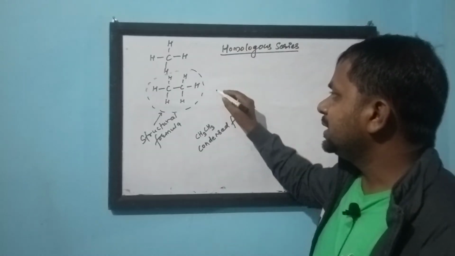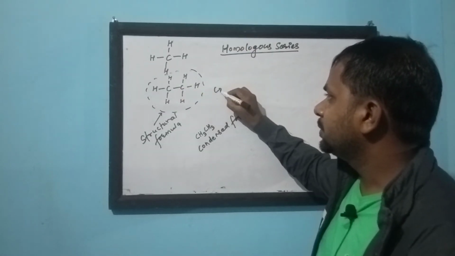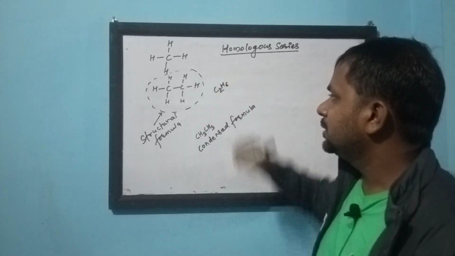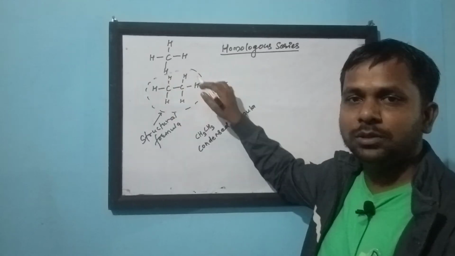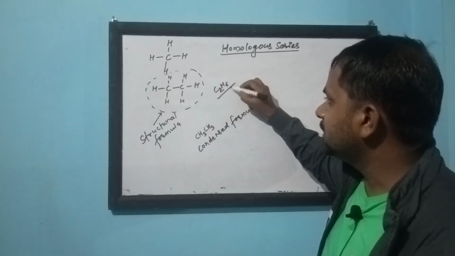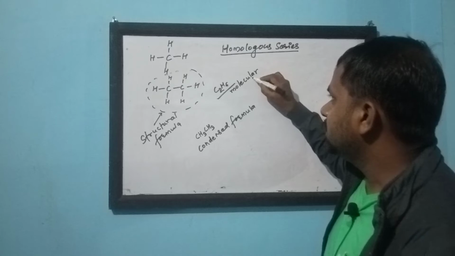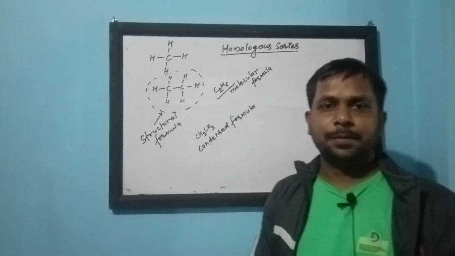If we count the carbon, there are 1, 2, and hydrogen, 6 in total. If we represent this compound like this, C2H6, then we say this is the molecular formula.